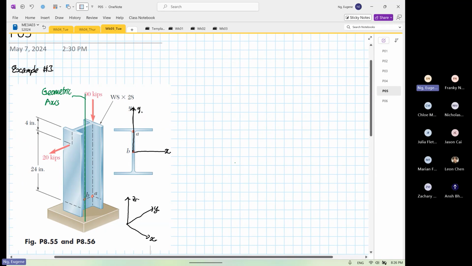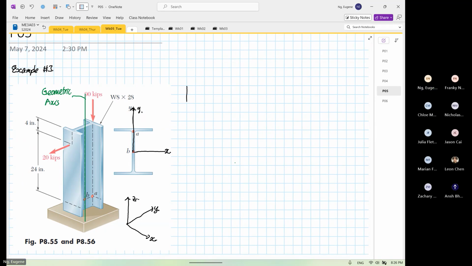So this is my X and this is my Z. When I view it from that view, I'll see something like this.